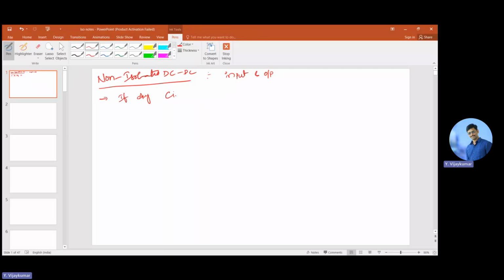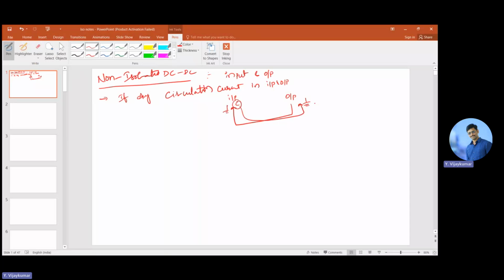If there is a circulation current in the output side, it will affect the input side, since the input and output have a common ground. If there is a circulation current in the input side, it will also affect the output side. So these circulation currents will create some disturbances in the input and output side.